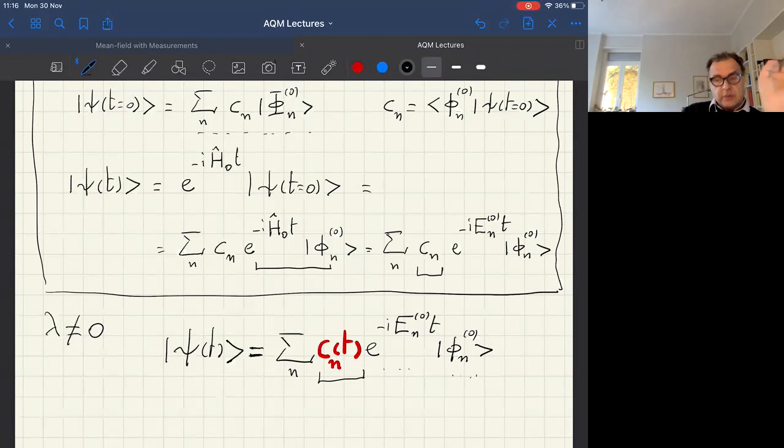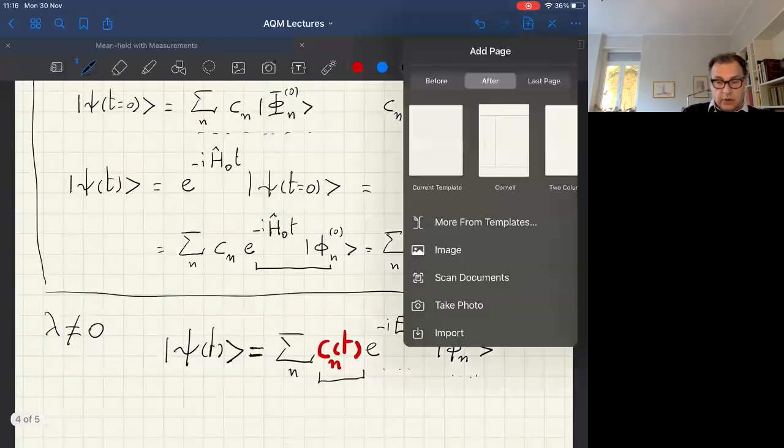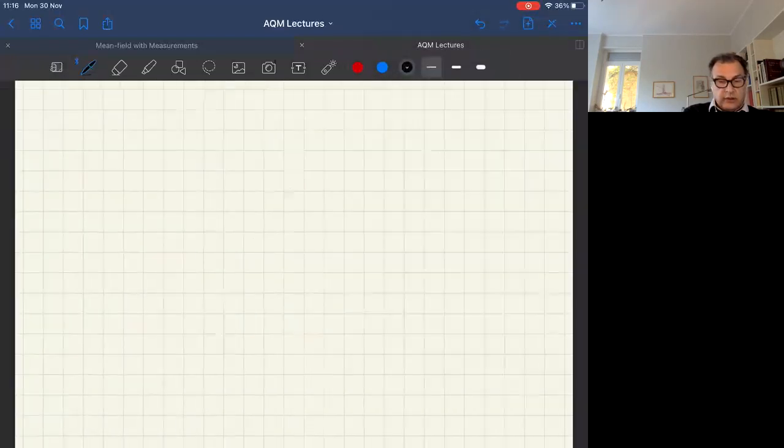Now, I stress once more that so far what I did is exact. Okay, so I can always write it this way. The only reason why I do it is that the set of equations that will come out of this particular representation are suited for perturbation theory. Why is this so? So let's continue.